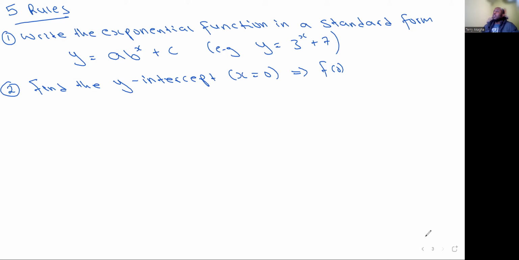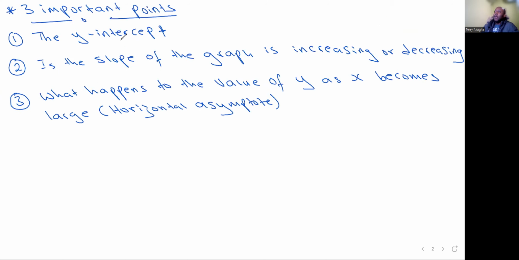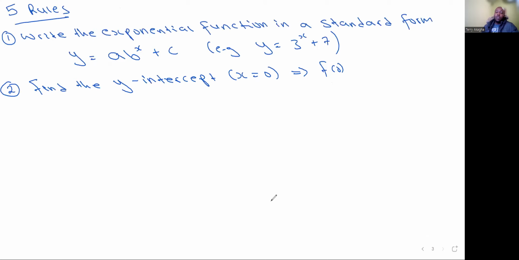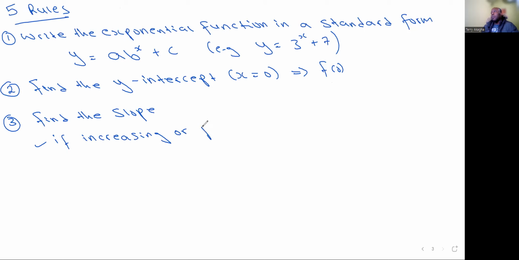Remember, the first thing was to find the y-intercept. Now the next step, step 3, is to find the slope. If the function has an increasing slope, we can call it increasing or positive.